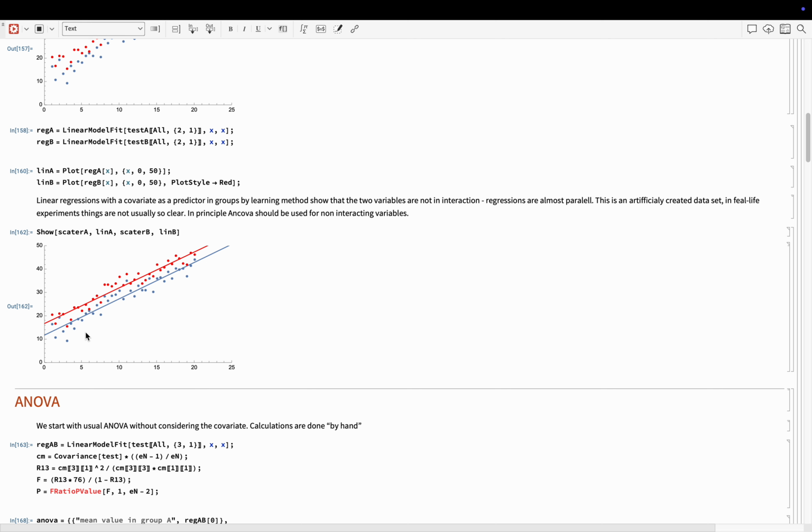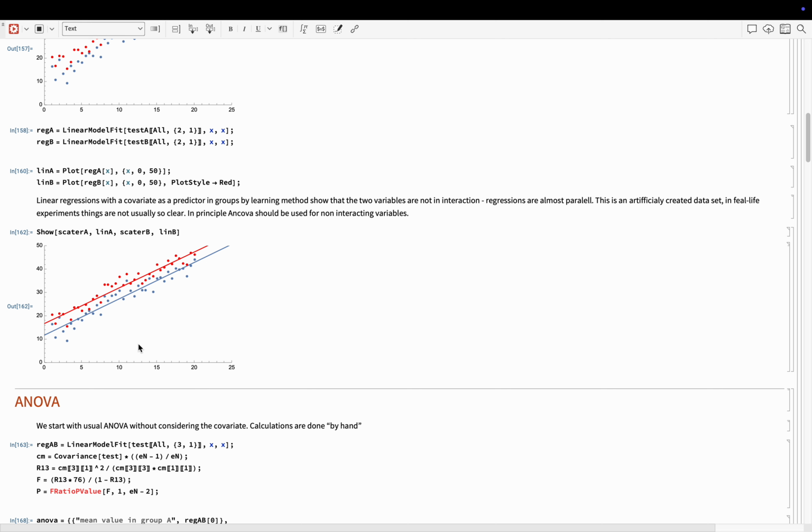The red one again is the experimental group and the blue one is the control group. And we see that the regression lines are almost parallel, which means that there is no interaction between the covariate and the experimental variable.